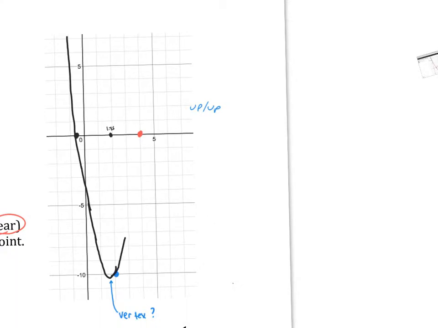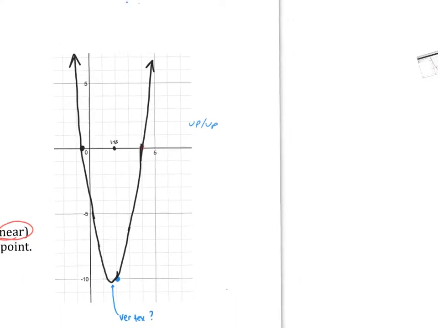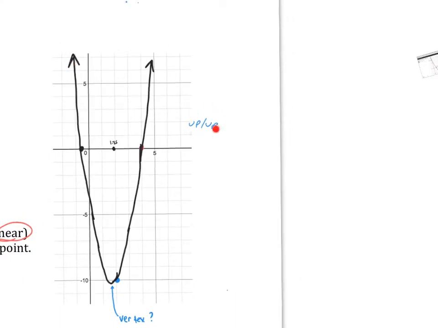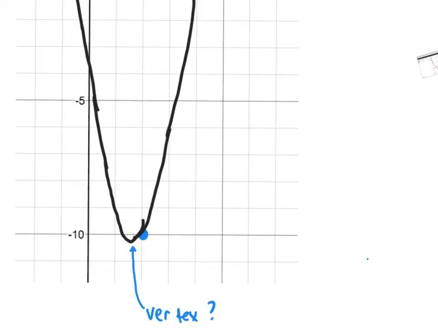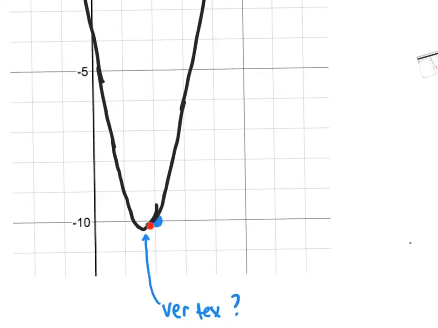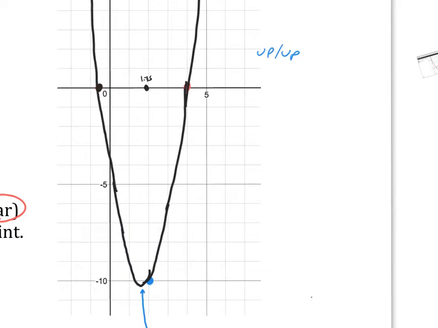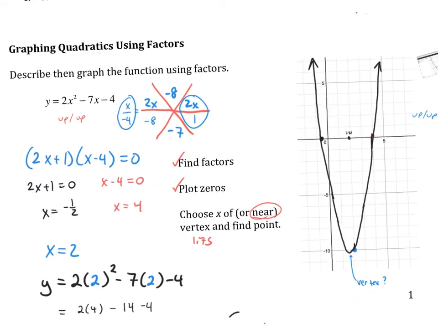Just slightly next to it, and then come up like that. And arrows on the end. Of course, the arrows on the end result from the up-up end behavior. My vertex I approximated down there, and that's okay because I'm pretty darn close. I know that this is really close to it, so I just dropped it slightly under. And these guys here are actually very accurate. So this is what my graph looks like.